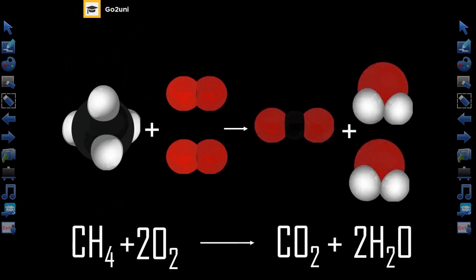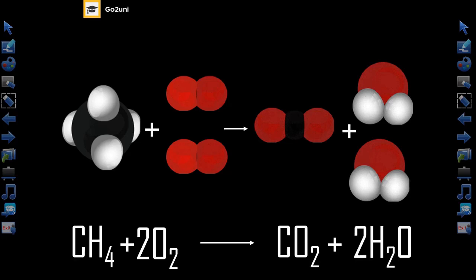Looking at the equation on the board, 1 mole of methane, CH4, reacts with 2 moles of oxygen to give us 1 mole of carbon dioxide and 2 moles of water. This is an example of the relationship between reactants and products.